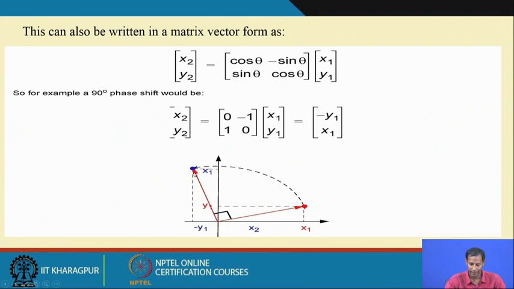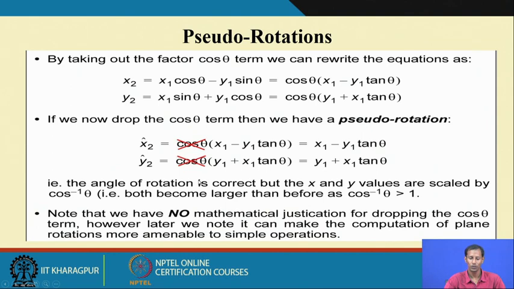That is why the corresponding values of x2 and y2 depend on x1 and y1. That means in the x direction it will be shifted by minus y1, and in y2 it will be shifted by x1. Okay.